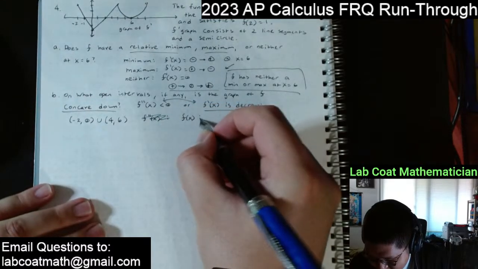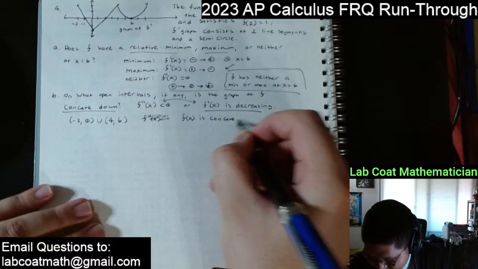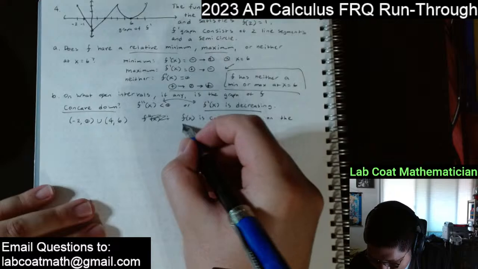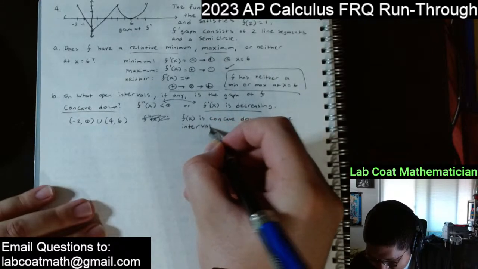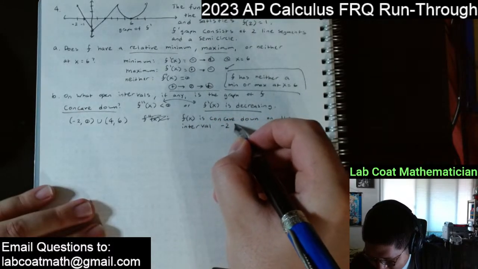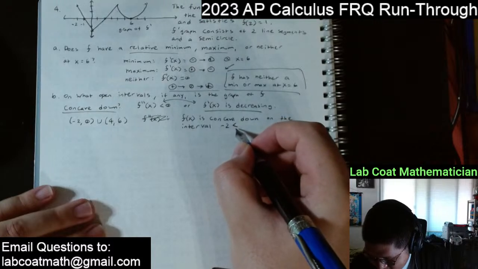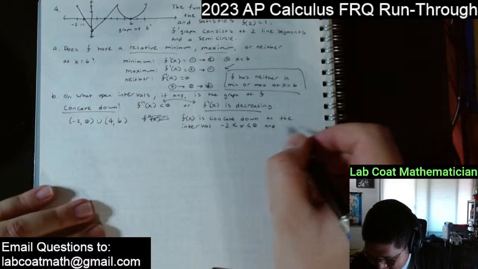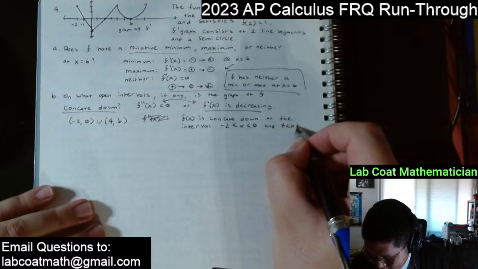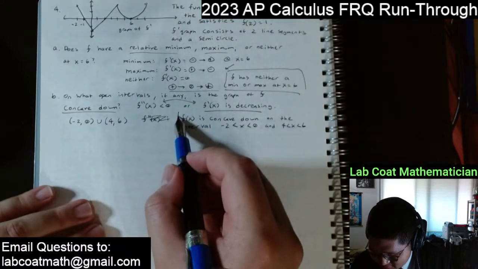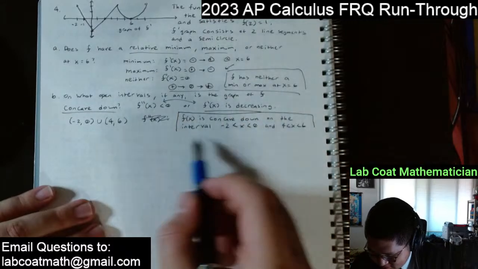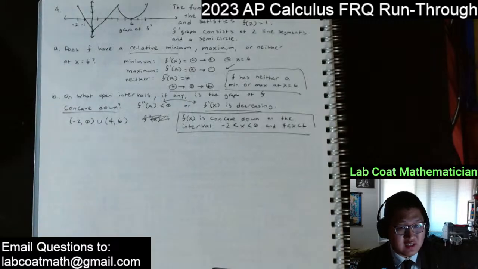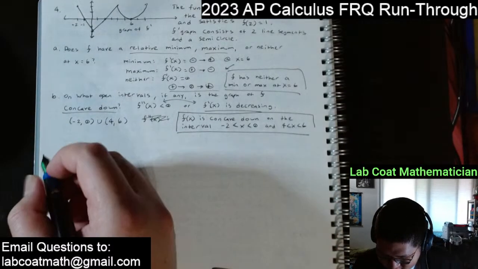So f of x is concave down, right, on the interval from -2 to 0 and from 4 all the way to +6. Okay, and that will be shown based off our work of understanding that the first derivative is decreasing, and we listed down those intervals earlier.